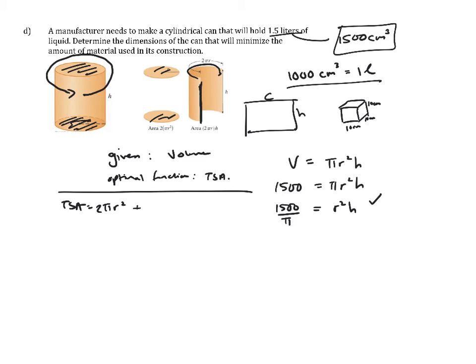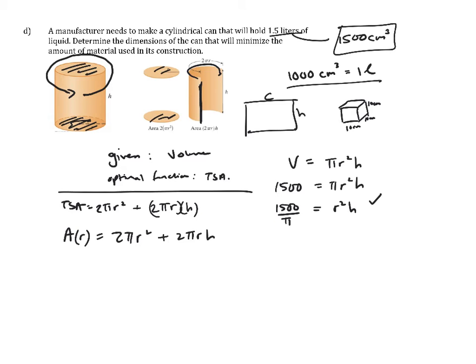And what is the circumference of a circle? It's 2 pi radius, and times by the height. Therefore, you can say, for example, A, and do you see we've got an r and an h? You need to decide which one you want to get rid of. So say for example I want only r's in my equation: 2 pi radius squared plus 2 pi radius h, okay?